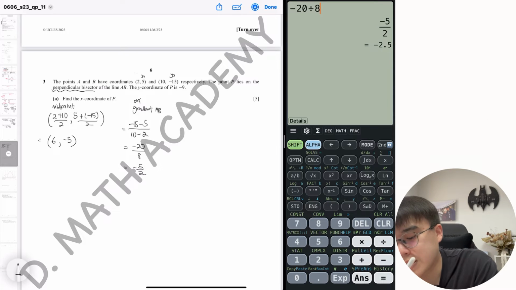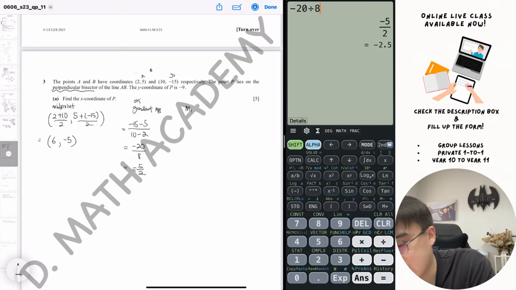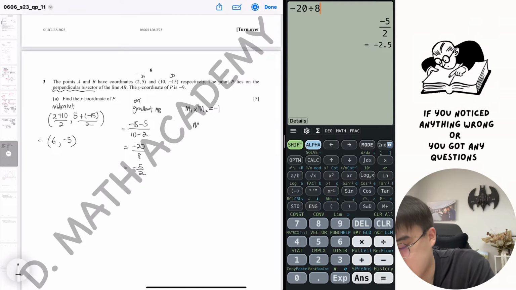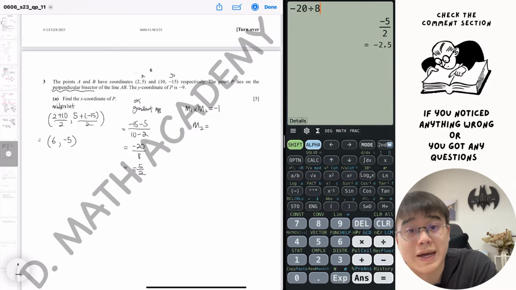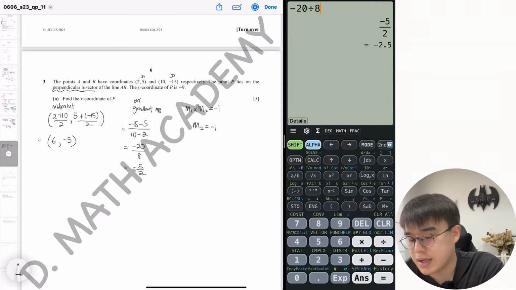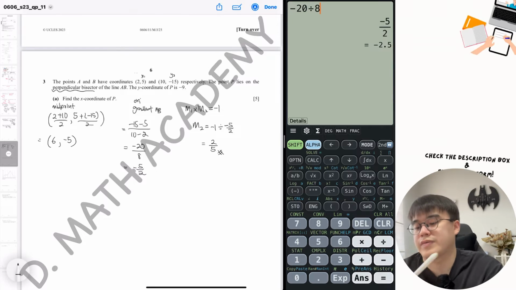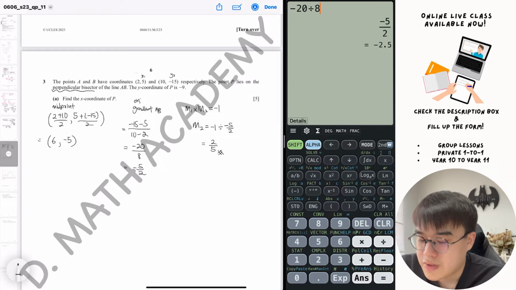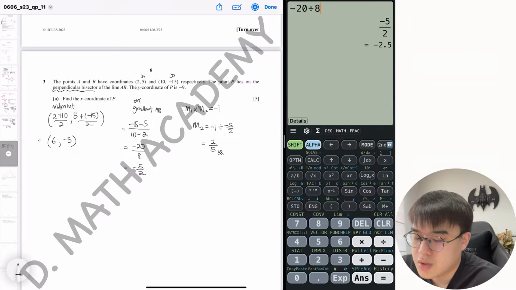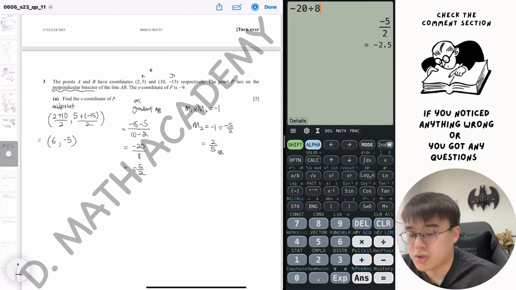And if you want the perpendicular bisector gradient, it is m1 times m2 equals -1. So the m2 here is the perpendicular bisector's gradient. So -1 divided by -5 over 2 results in 2 over 5. With this, we can now construct the equation.